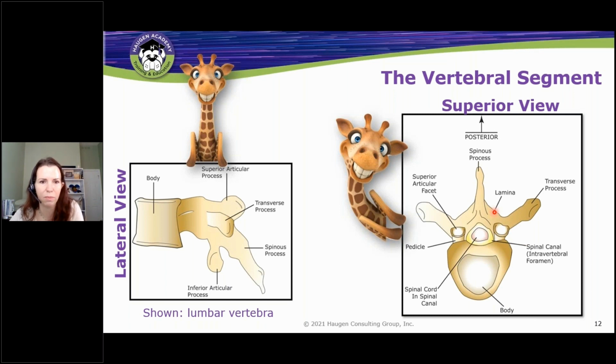So after the spinous process, which is towards the posterior or back, then we have the lamina, which is the flattened or arched part forming the roof of the spinal canal. The posterior part of the spinal ring that covers the spinal cord or nerves. And then we have the two transverse processes.